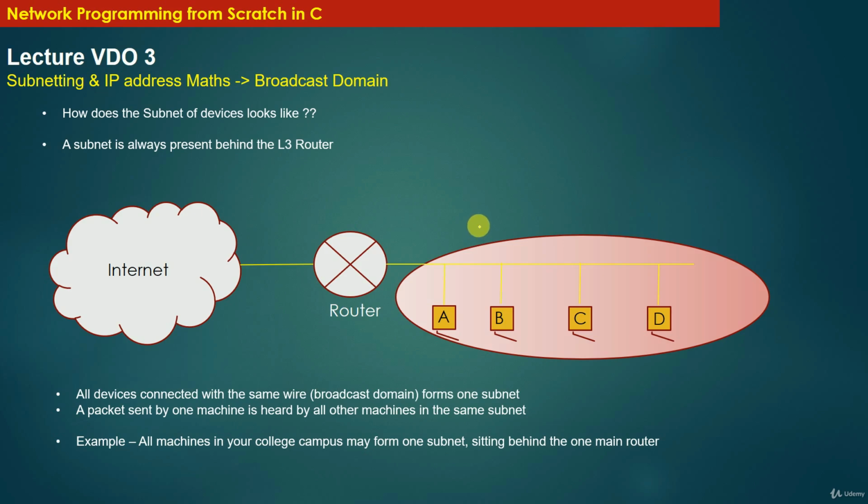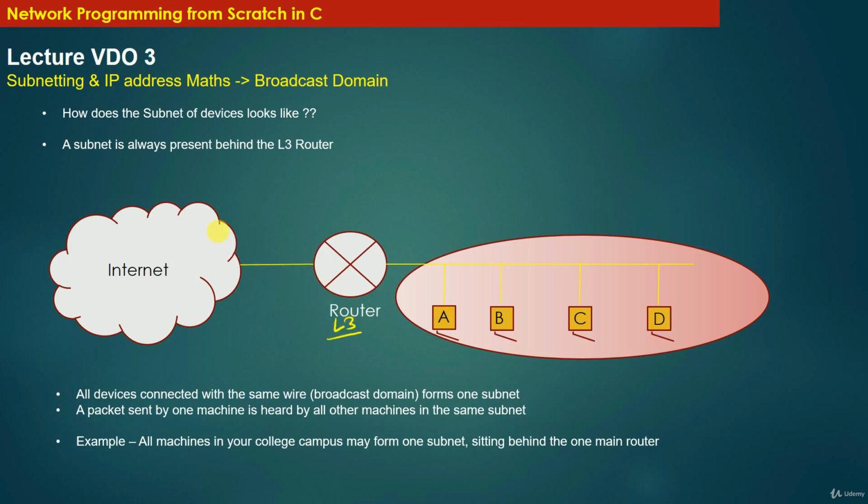Also, one point that I would like to discuss here is that whenever machines present in different subnets want to communicate with one another, the data has to be forwarded through an L3 router.